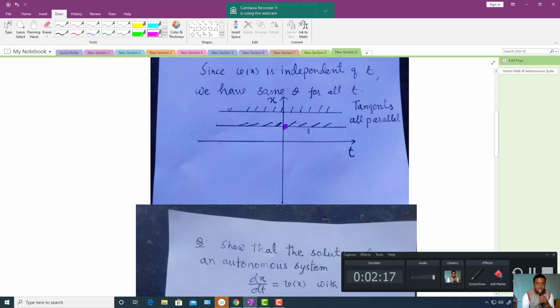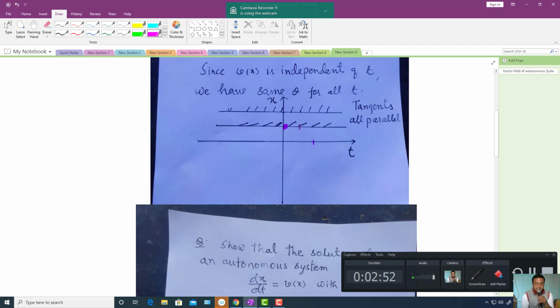Then for the same value of x you change the time, and you can also think about a solution starting from here, taking this one as an initial point. So for an autonomous system, for a given x, you keep on changing t. That means you take points on the horizontal line in this way. Then the vector field at each point is parallel.